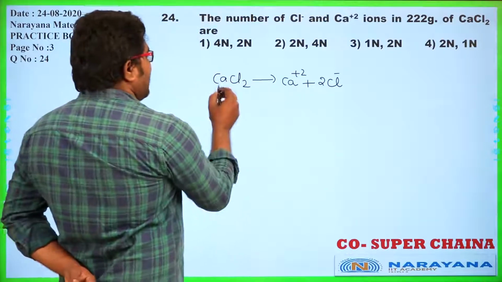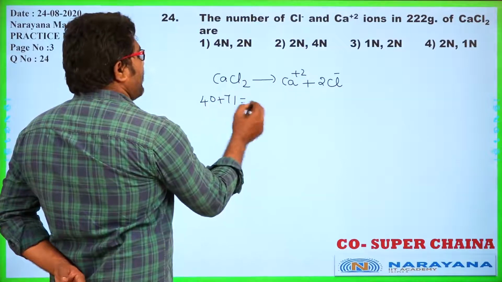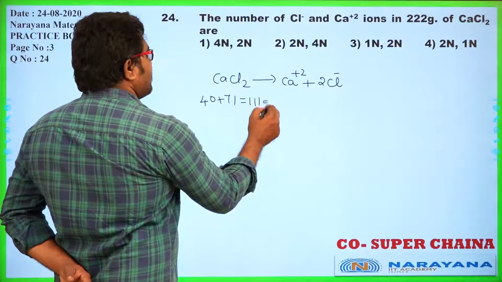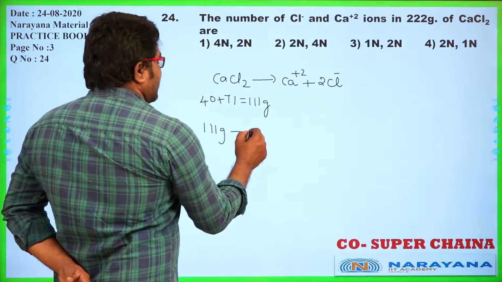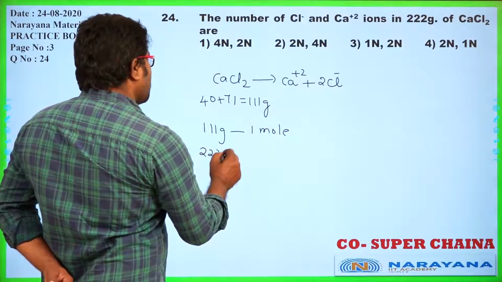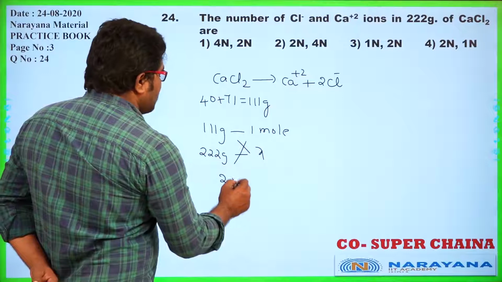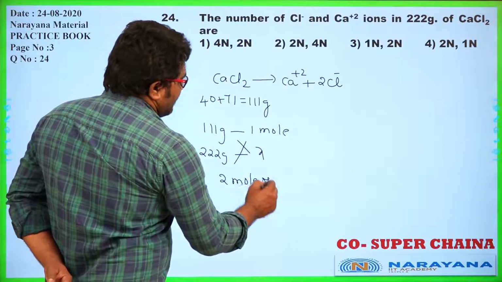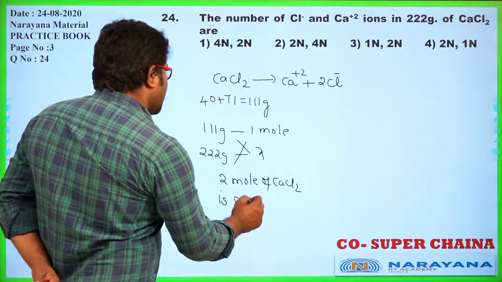So what is the molecular weight here? 40 plus 71 for chlorine, that is 111 grams. If 111 grams is there, it is 1 mole, but he has taken 222 grams, then how many moles are there? So 2 moles of calcium chloride is present in 222 grams of calcium chloride.